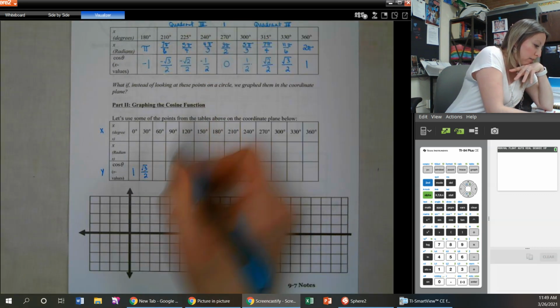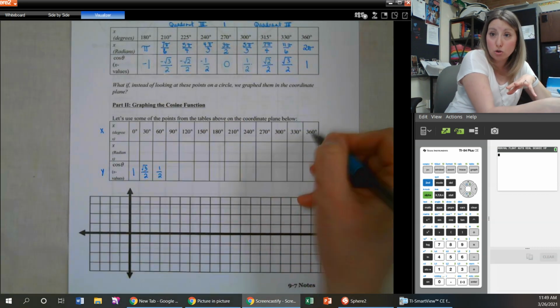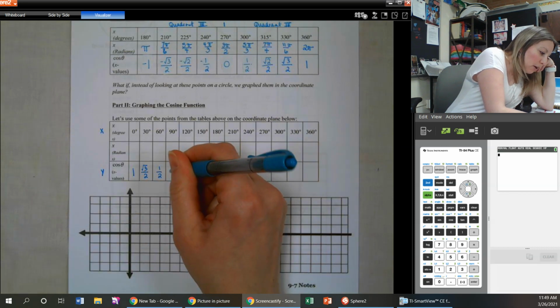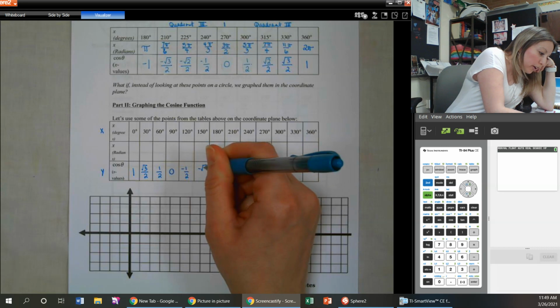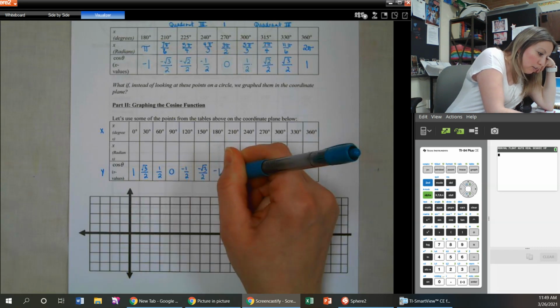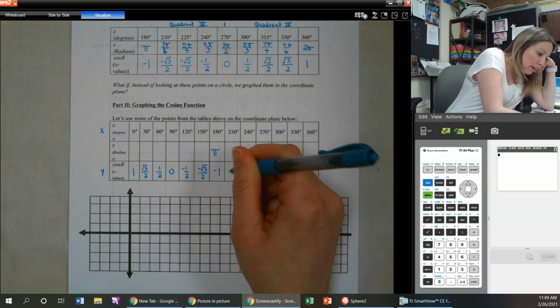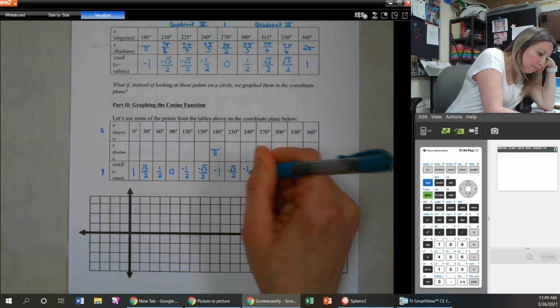We're skipping the 45s because we're just going by 30 degrees for now, just so I can fit things as I go across. And this is down to 0, and then we go negative for 2 quadrants down to -1 at 180. This is pi number of radians, right? And then back heading up to go positive again.